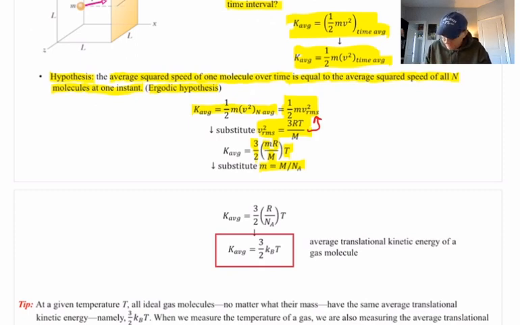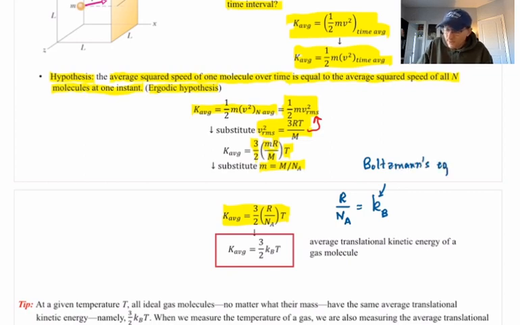You get some cancellation right there. 3/2 R over N_A times T. And then from the previous lecture, you can replace the gas constant per mole over Avogadro's number with that other constant we introduced when we studied the ideal gas law, k sub B, which is called, I'll remind you, Boltzmann's constant. Excuse me, not Boltzmann's equation. There is something called Boltzmann's equation. Boltzmann's constant.